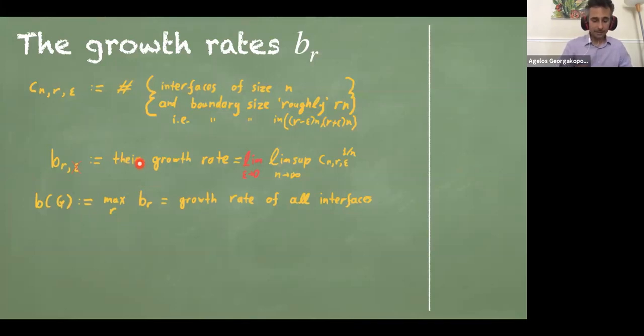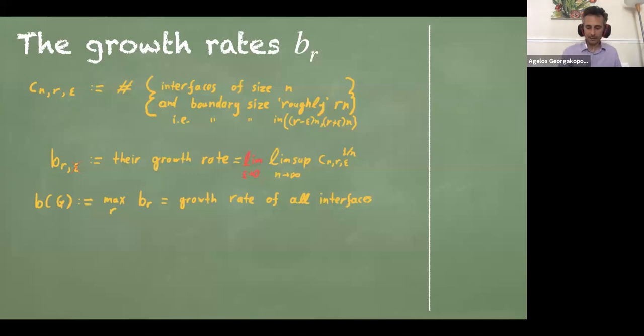And in the next line, I define their exponential growth rate. I take lim sup, raise to the power 1 over n to capture the exponential growth rate, and I take n to infinity. Now I'm getting rid of the window just by taking the limit as the window size goes to 0.